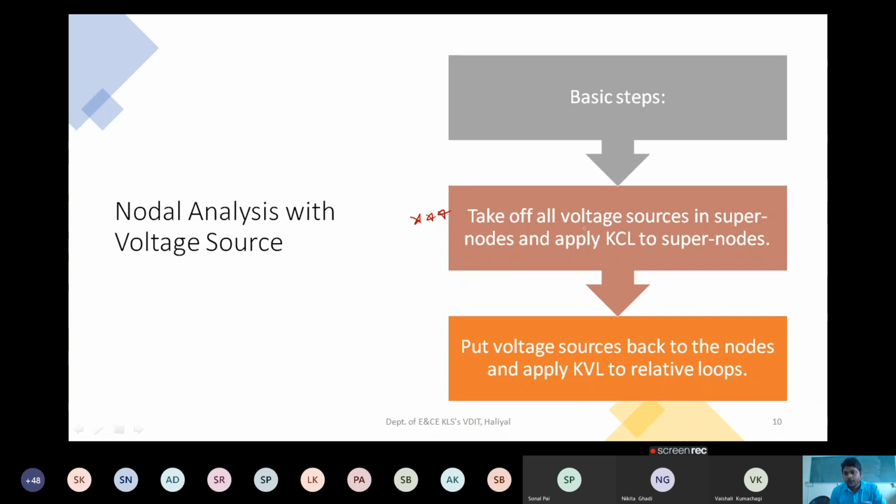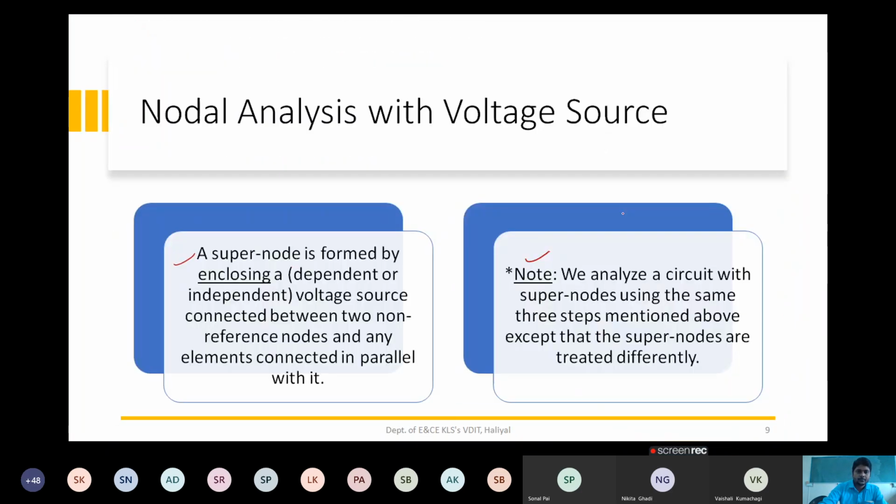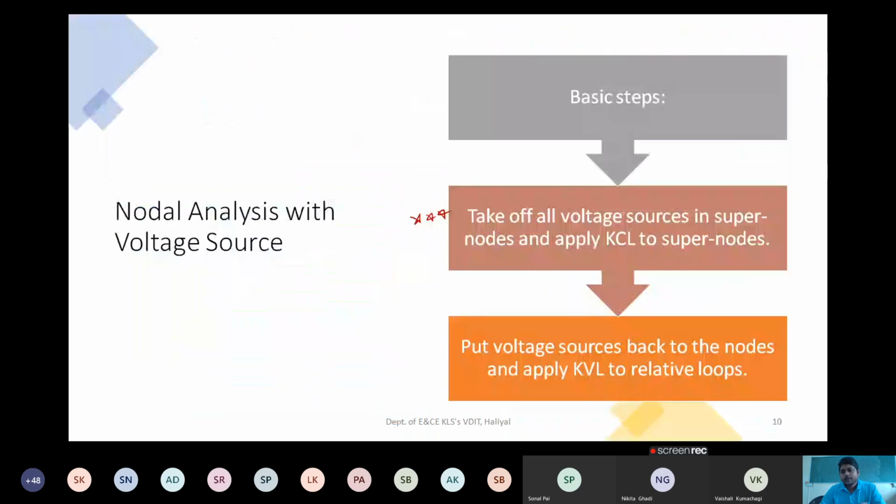We have to take off all the voltage sources in a super node and apply KCL to the super node. You can make a note of this, because I will take you back to the previous slide. Then the third step is to put the voltage sources back to the nodes and apply KVL to the relevant loops. So note down these steps.